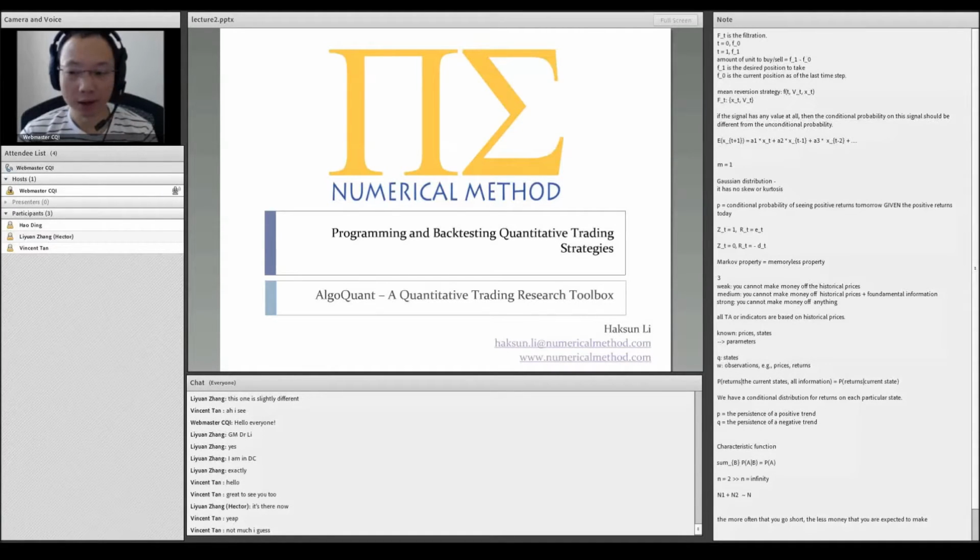But first of all, has everybody installed Labin and Algo Quant on your computer? Because we are going to use this software for experiment purposes. Has everybody installed it?